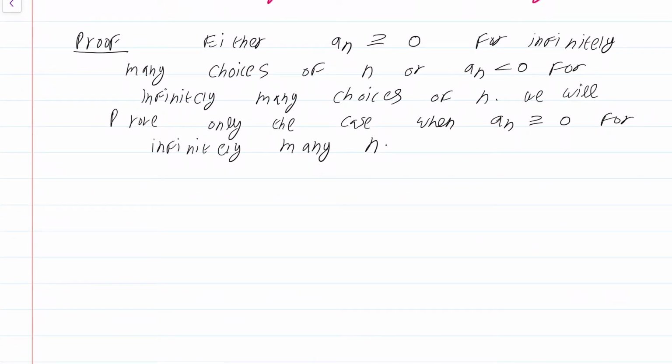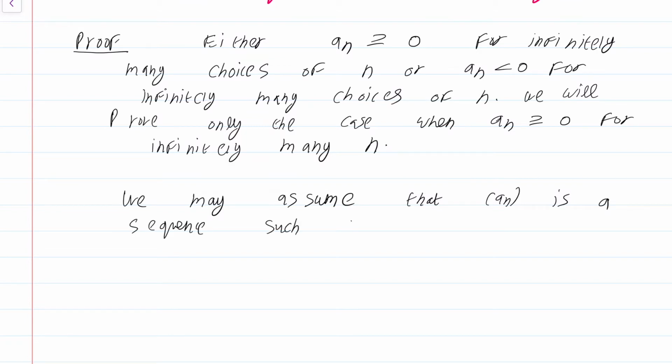In other words, we may assume that a_n is a sequence such that a_n is greater than or equal to 0 for all n in N.